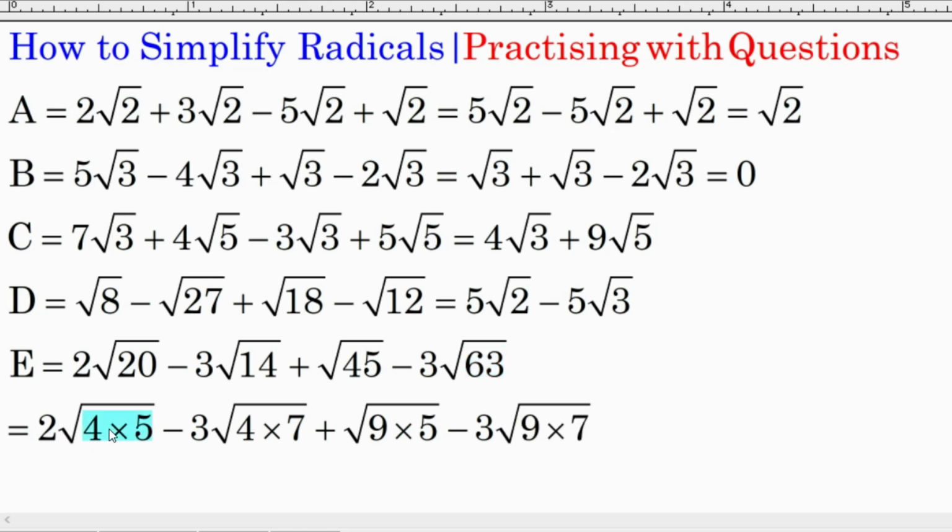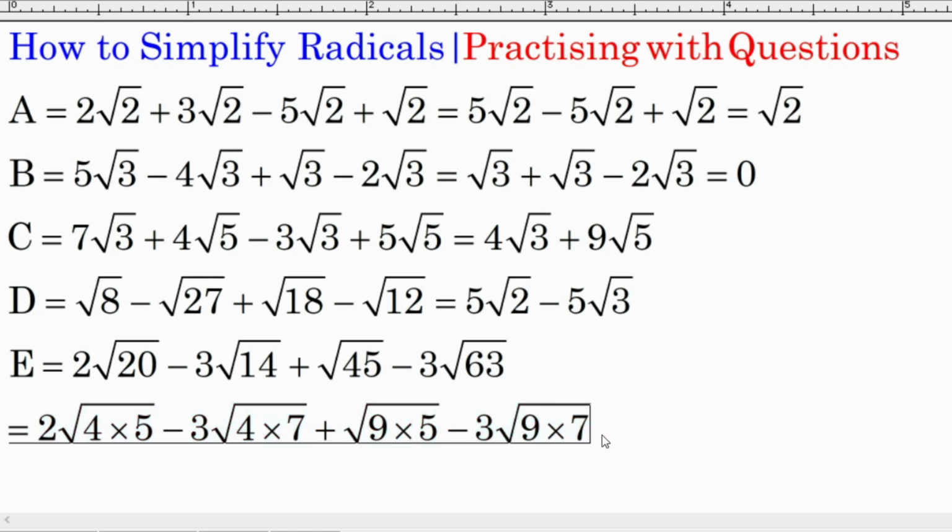Now we have made this number into two common factors, and this number also into two common factors. So now we can simplify this radical.